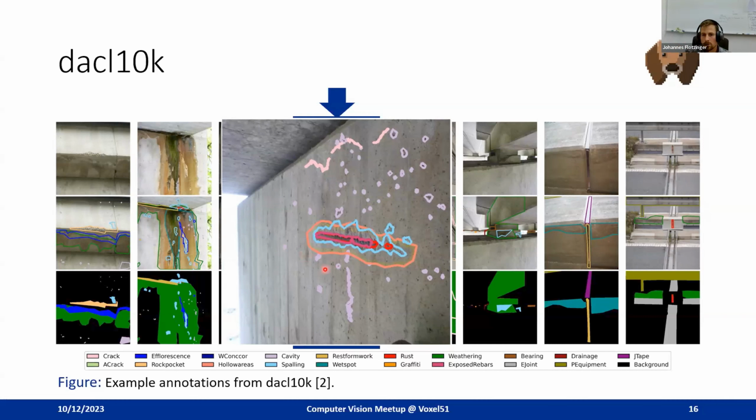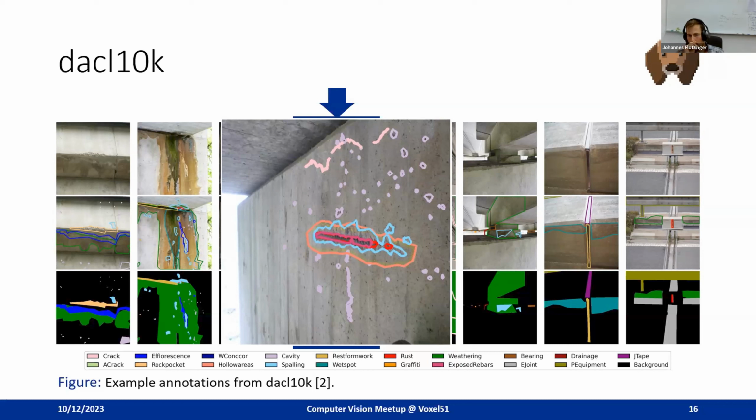Then in turquoise, we have a spalling, so spalled concrete, and we have some exposed reinforcement bars, also in deep purple, and we have rust, which is displayed in red. So that's what our dataset looks like.